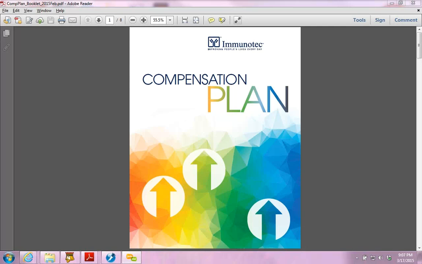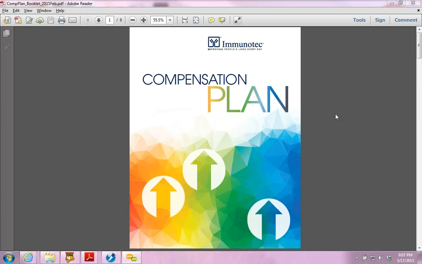But this one's going to pick up from there and look at some of the basic concepts, because sometimes you look at things like the comp plan folder and you go, oh my goodness, what is this thing saying? I don't understand a word of it. So I want to go through a few details here.